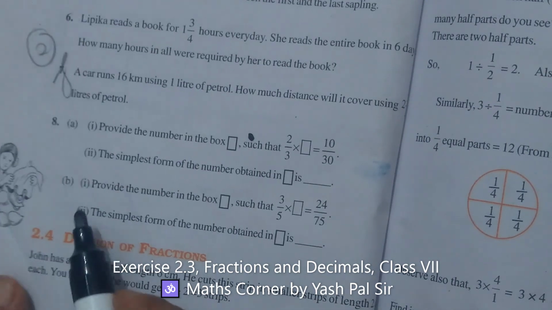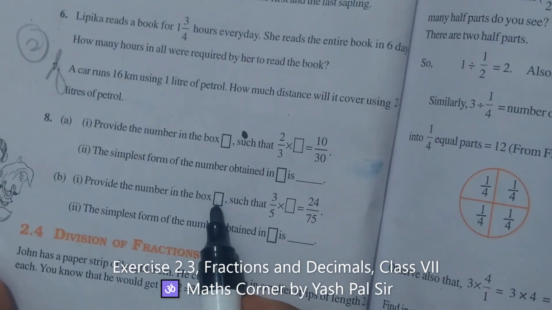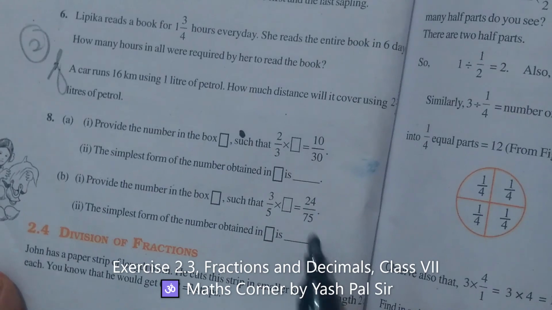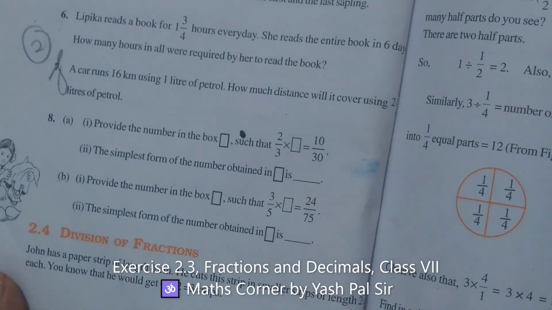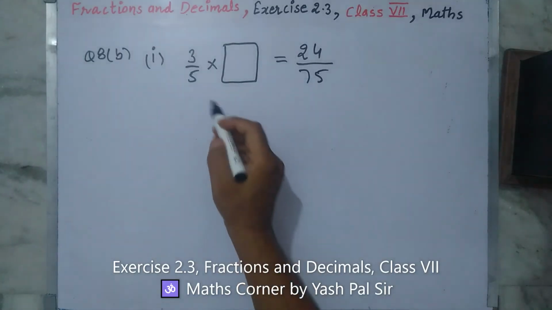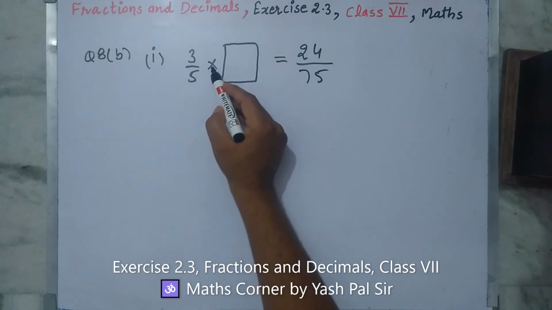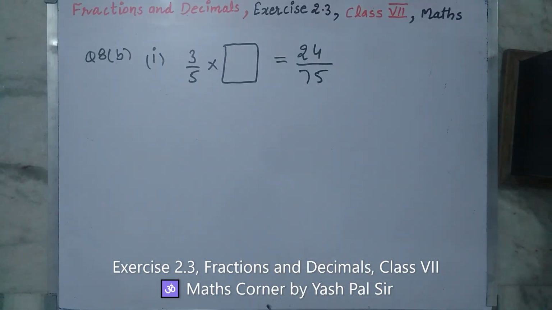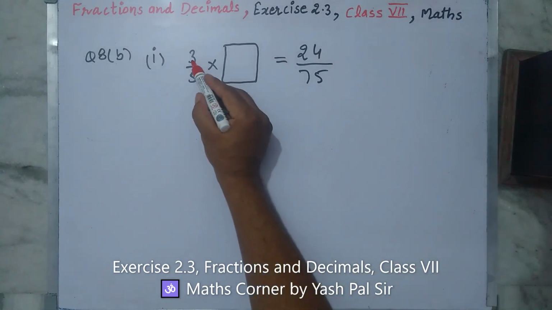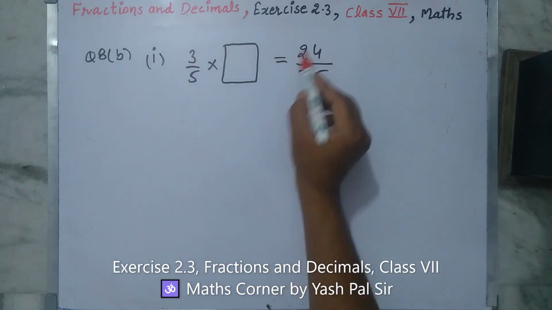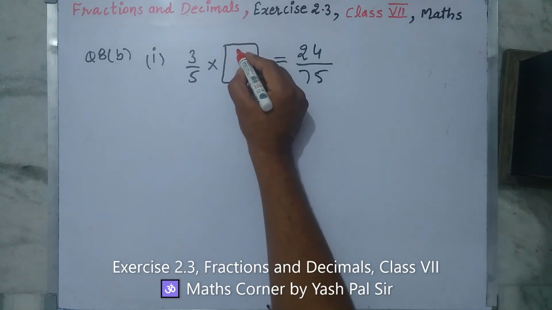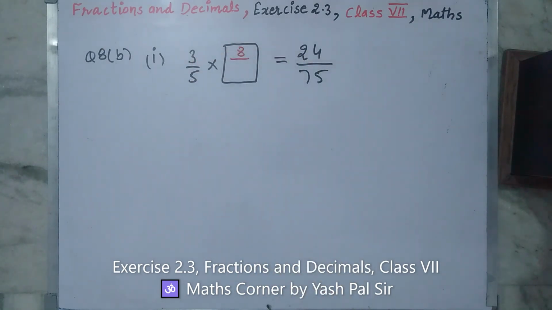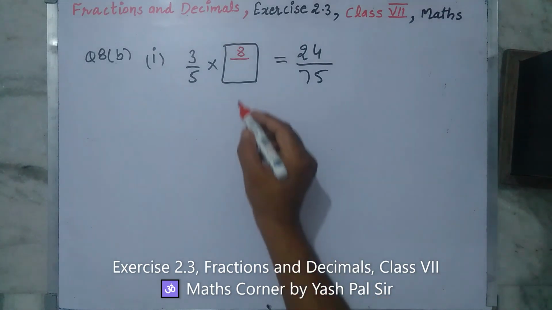Question number 8, B part. Provide the number in the blank box such that 3 by 5 into blank box equal to 24 upon 75. So what is the question? 3 by 5 into blank box equal to 24 upon 75. So it means 3 into what number equals 24? It is 8, because 8 into 3 equals 24.